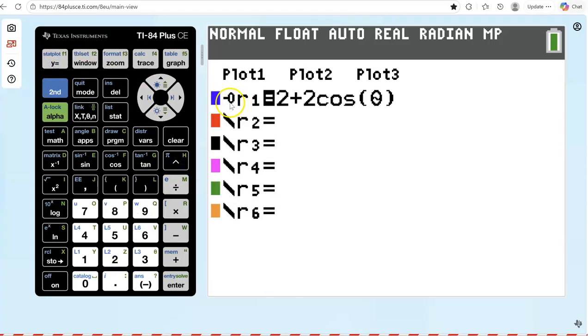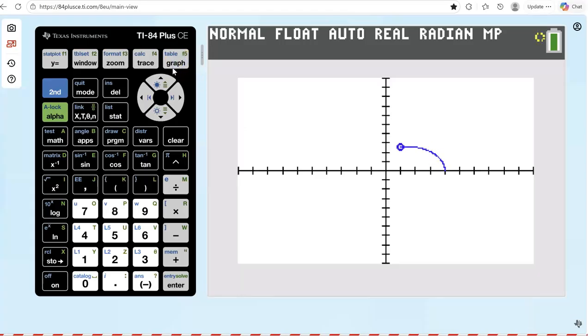And I've got this set up so it will trace. And you can see how it's tracing, the orientation it's going counterclockwise. And we could do the same thing just with parametrics. If we wanted to, we could put this in parametric mode. The TI calculator really is nice to be able to see that orientation.